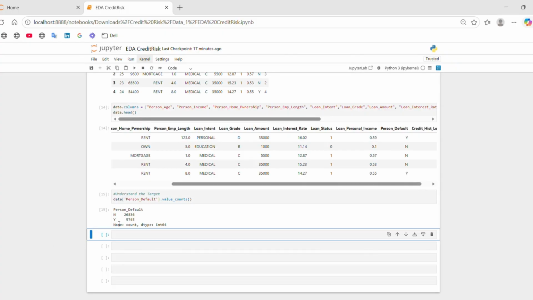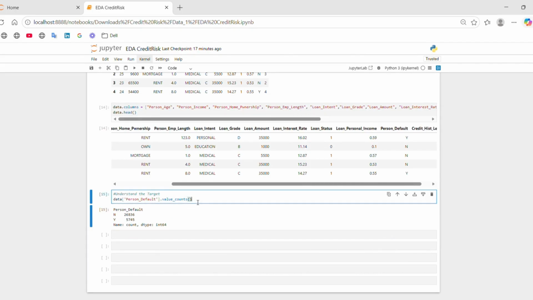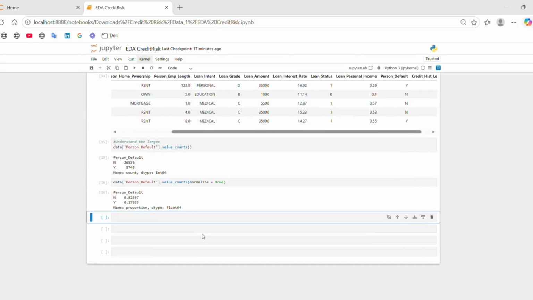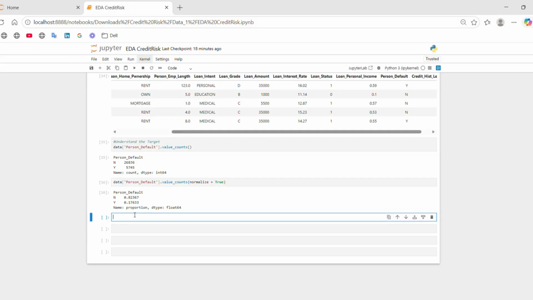It's showing that only 5,745 is the default count. So let's normalize this and see in percentage what it looks like. For that, in the value counts command, you need to set normalize equal to true. Okay, so 17% is default and 82% is not default. That basically shows a bit of class imbalance as well.